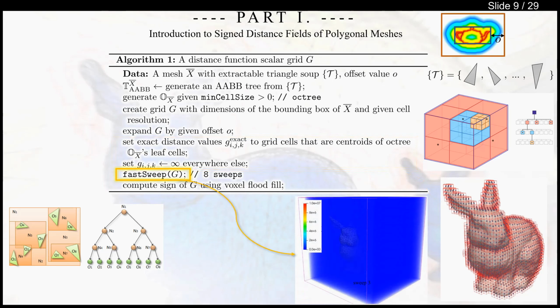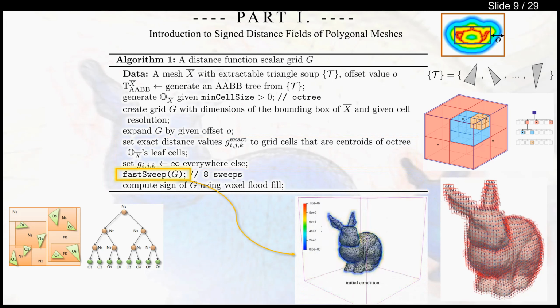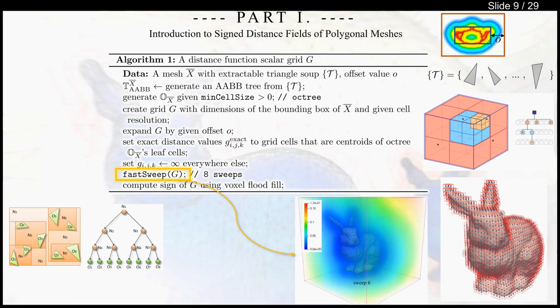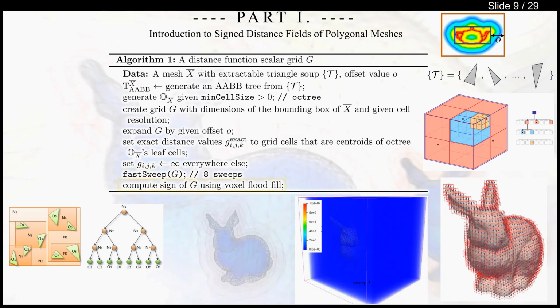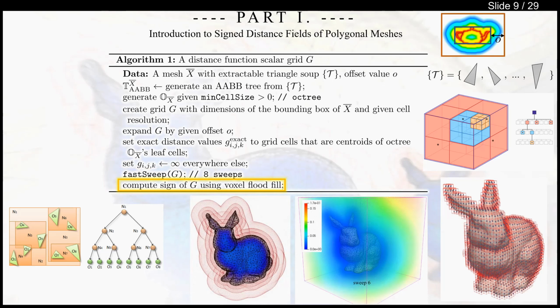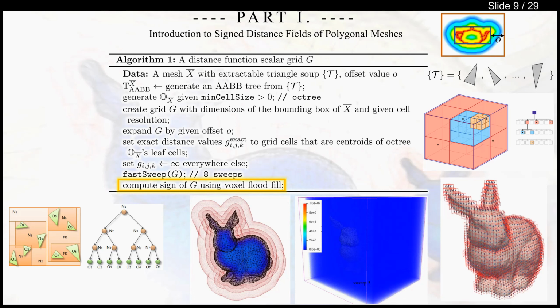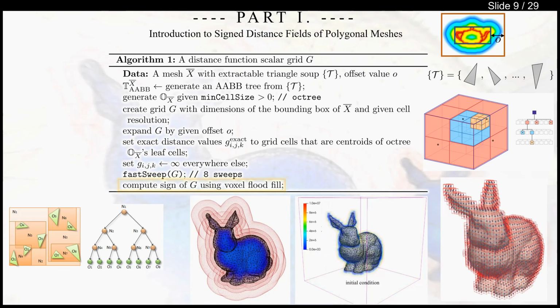Afterwards, the eikonal fast-sweeping algorithm is called onto the scalar grid initial data, and after 8 sweeps in each direction, it fills the region with a numerical solution. An optional step for closed surface meshes, or meshes with very small holes, smaller than voxel resolution, is to compute the sign of the distance field by flood filling the entire grid volume.